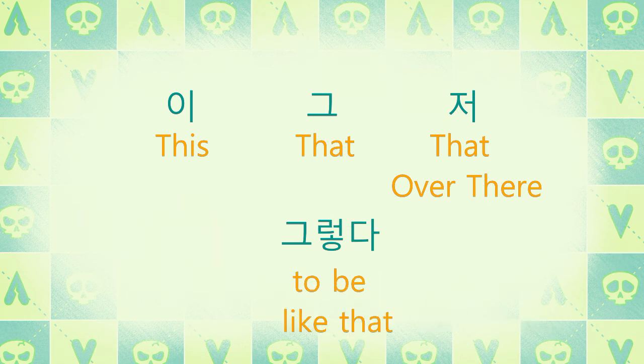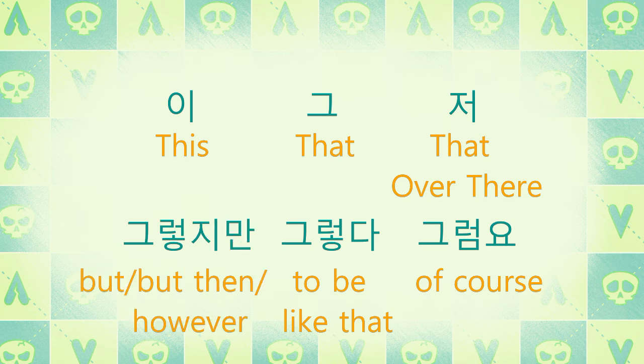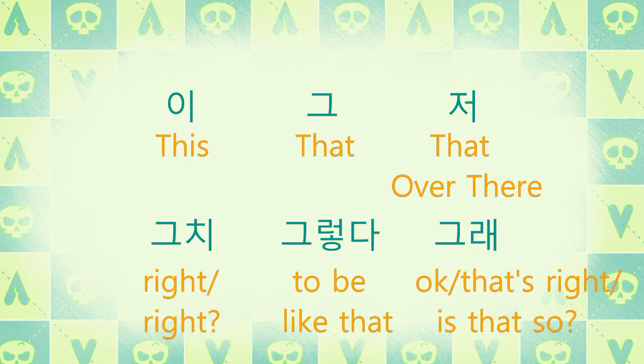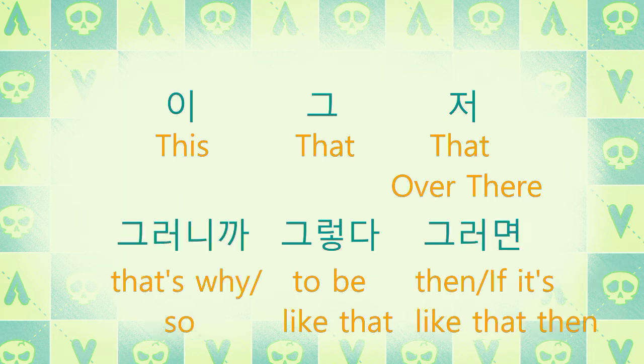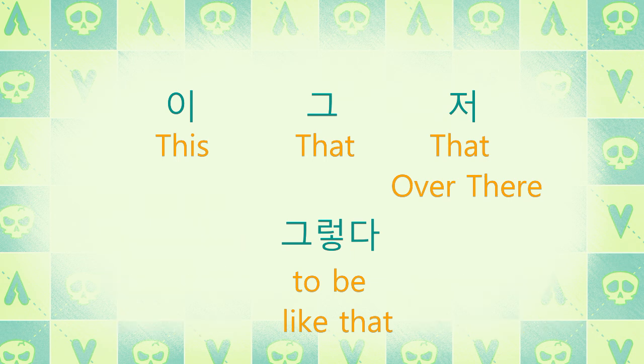And for 그러다, you'll commonly hear it as 그러게, 그럼요, 그렇지만, 그래, 그치, 그렇지, 그러면, 그러니까요. Now all of these are different conjugations or forms of the adjective 그러다, which means to be like that.